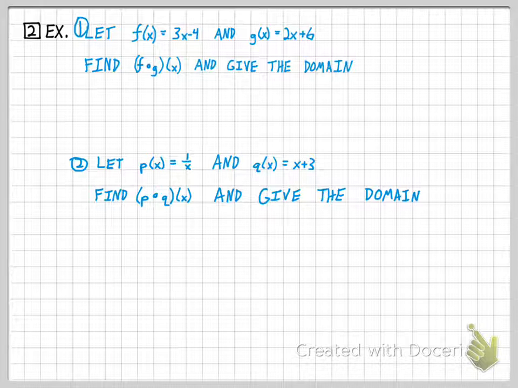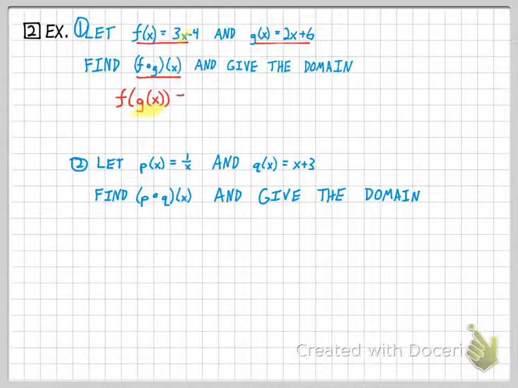Alright, box 2 gives us two functions and asks us to evaluate f of g of x. So almost immediately we want to rewrite that, because that notation simply means f of g of x. Normally we're taking a number and sticking it in for x, right here. But now in this problem we're taking an entire function g and sticking it into the f rule.